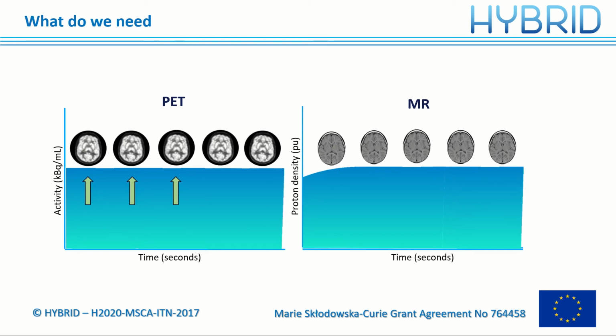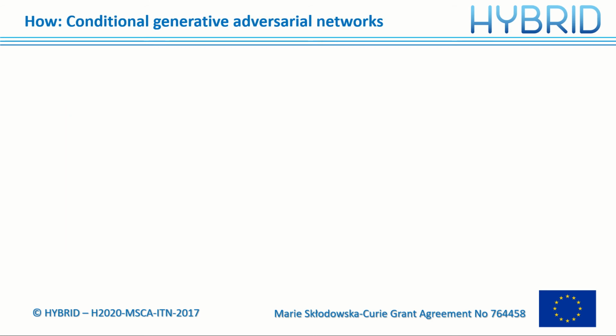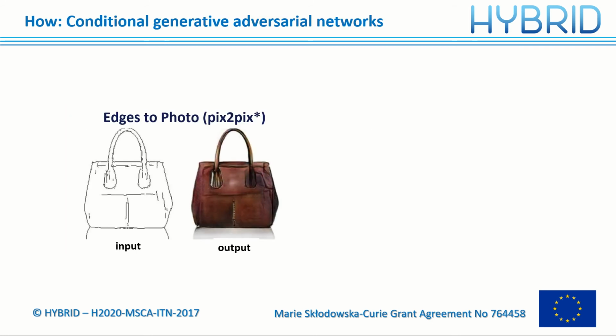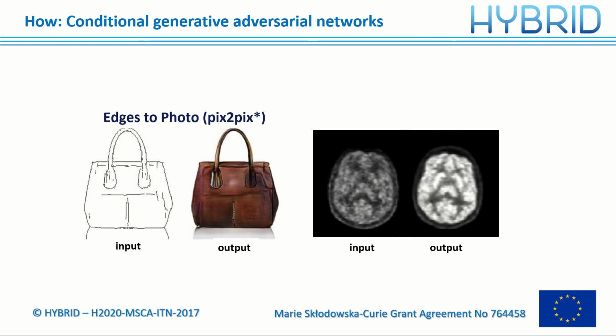To overcome this problem, we need a transformation to achieve constant activity over time in PET images as well. So, for this, as you can see from the graph, we are looking for a technique which does a smart Photoshop, preferably automatic. For this reason, we use GANs.